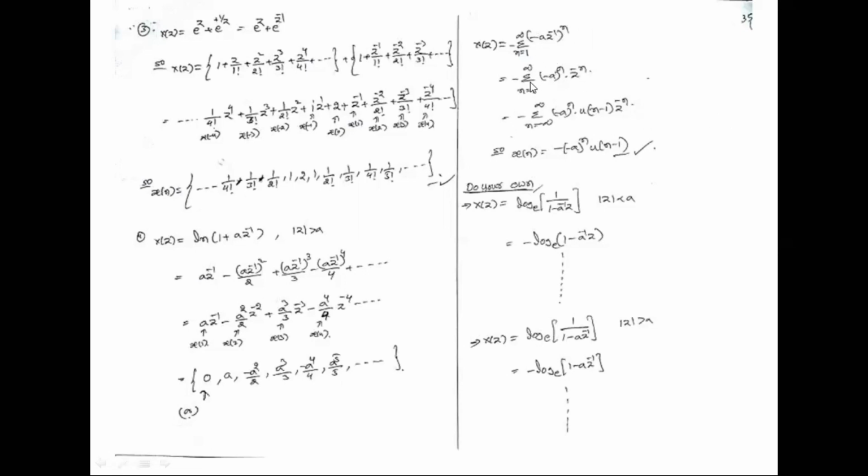Expand this value. When n is equal to 1, it becomes a z inverse. When n is equal to 2, minus a z inverse whole square. And n is equal to 3, minus a z inverse whole cube, and so on. Got it, my dear students? This is a sequence to get the negative powers of z.